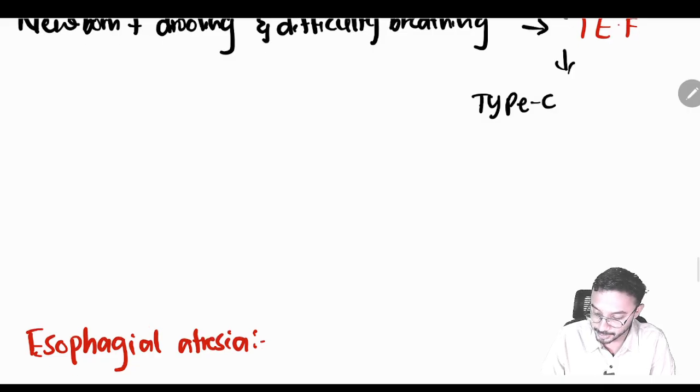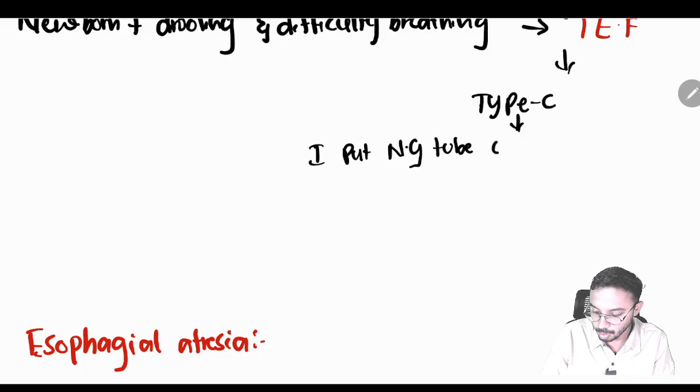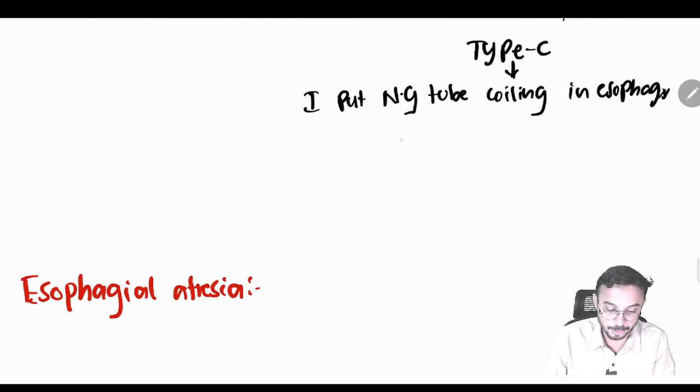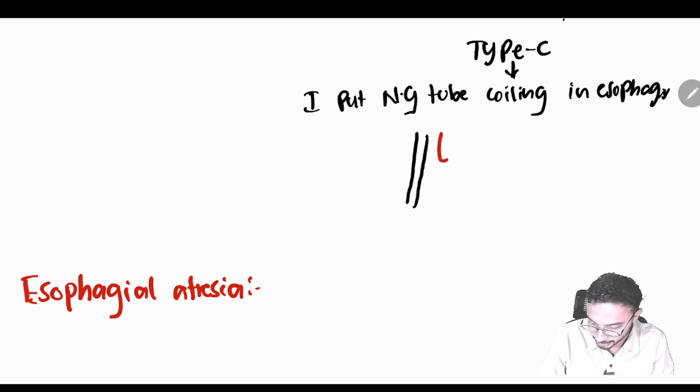So what actually happens is, if I put an NG tube, you will find coiling of the NG tube in the esophagus. Why? In this type C TEF, suppose this black color is the trachea and this red color part is the esophagus.